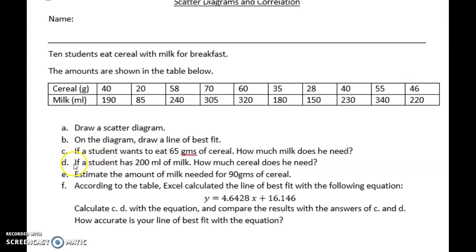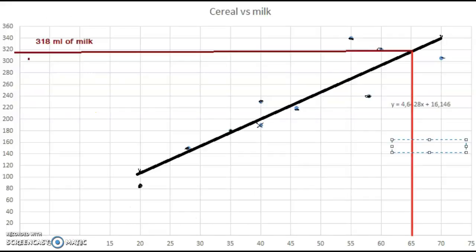It asks us if a student has 200 milliliters of milk, how much cereal does he need? So the 200 milliliters stand for the vertical axis, so it is the milk. So in this case, 200 milliliters would be like this.